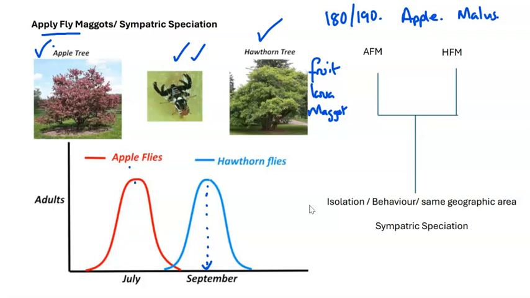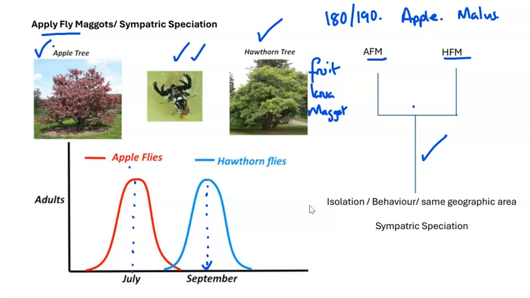These individuals were reaching their peak formation of adult flies in the middle of July, and so what we're seeing is the separation: the original population is separating into apple fly maggots and hawthorn fly maggots.